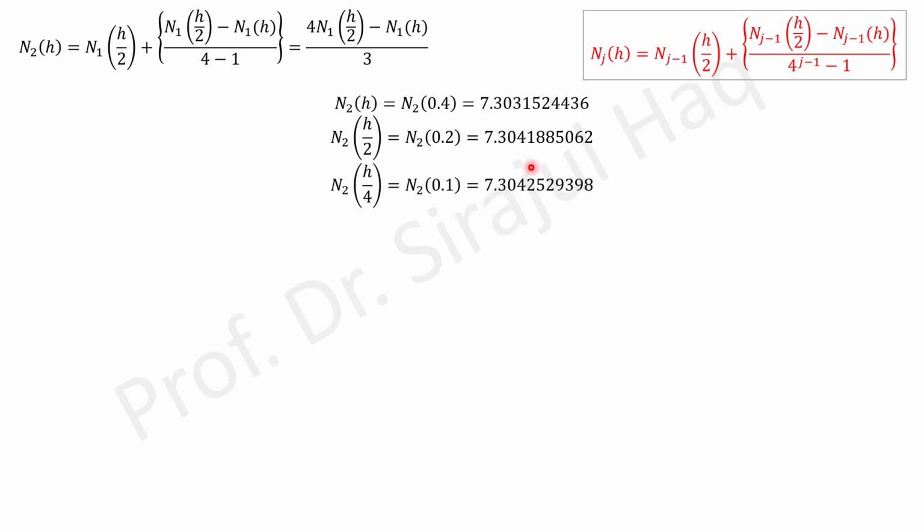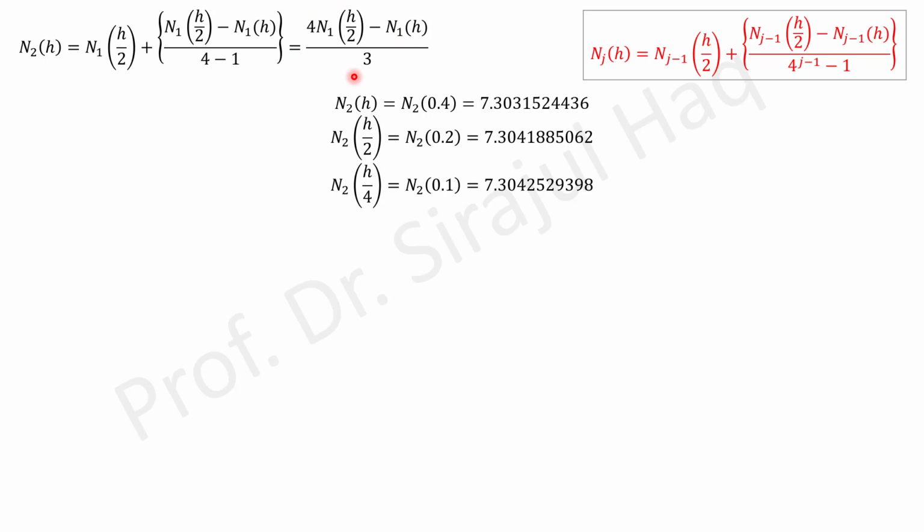N2 of h divided by 4 is also required, which was clear for N4 of h. For N4 of h you need N3 of h divided by 2, and for N3 of h divided by 2 you need N2 of h divided by 4. So that's the reason I am computing N2 of h divided by 4. h is 0.4, and 0.4 divided by 4 is 0.1.